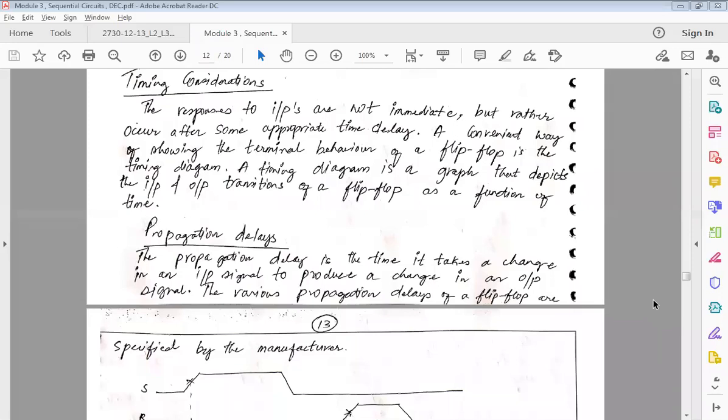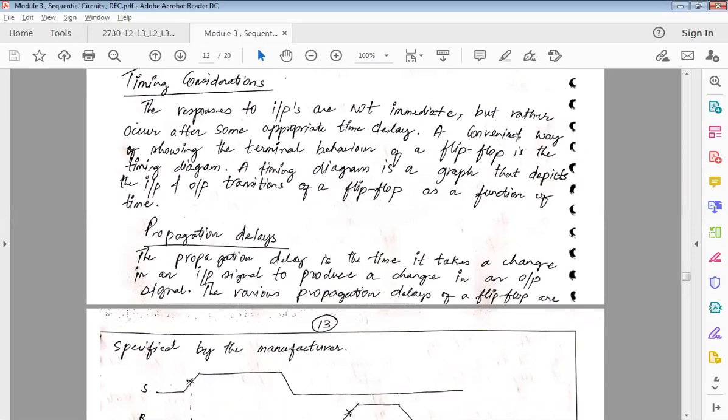There we can make sure that the signals are properly propagating, and there is a sync between the input and output. The responses to inputs are not immediate, but rather occur after some appropriate time delay. This is done with the help of the clock.